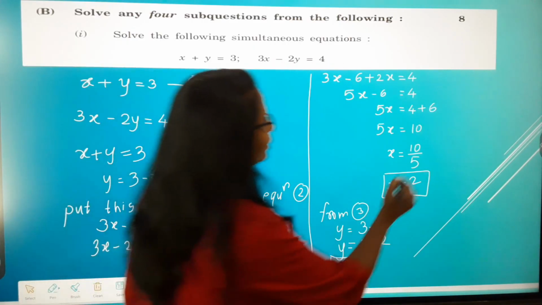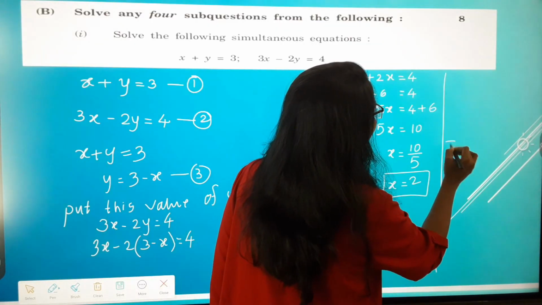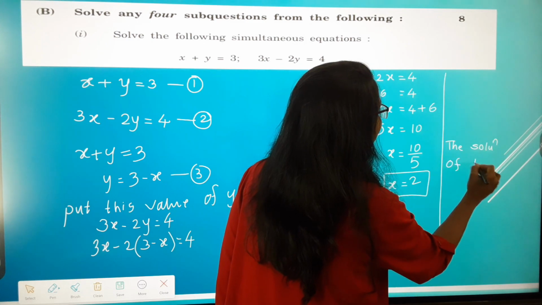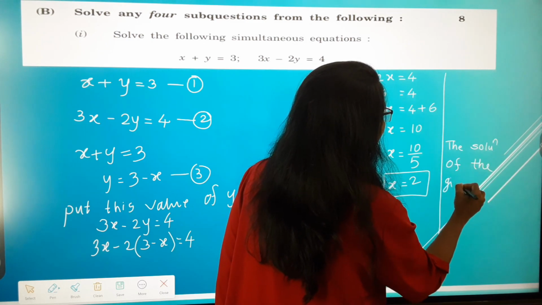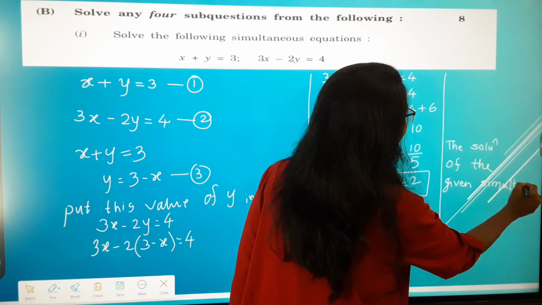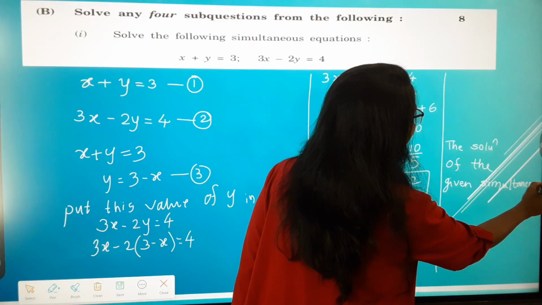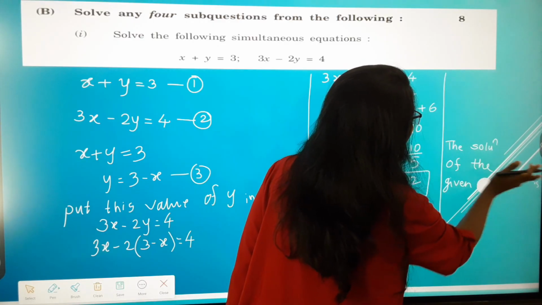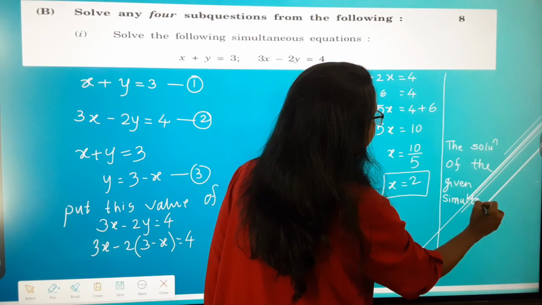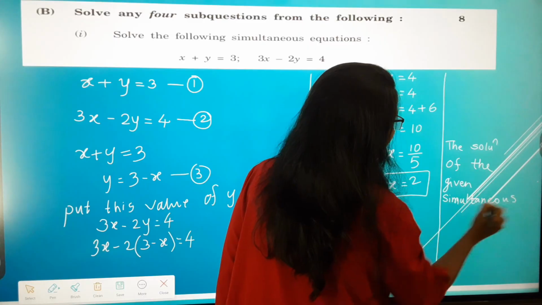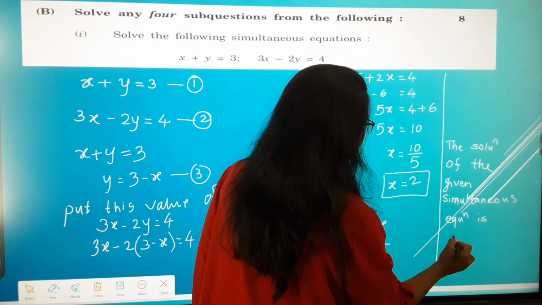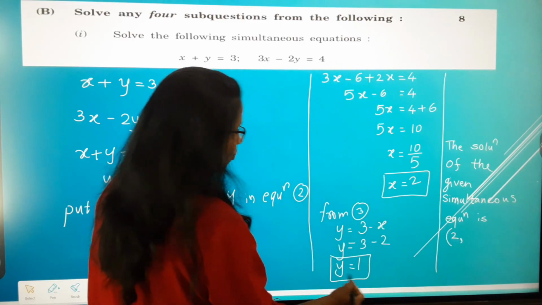The solution of the given simultaneous equation is (2, 1).